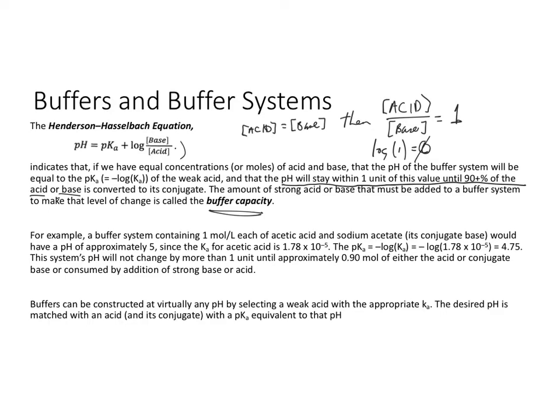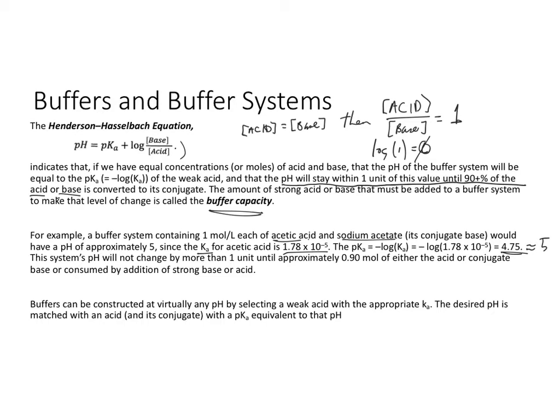Here's an example. Suppose a buffer system contains 1 mole per liter each of acetic acid and sodium acetate, its conjugate base. It would have a pH of approximately 5, because the Ka for acetic acid is 1.78 times 10 to the minus 5th, and so the pKa is 4.75, or approximately 5.